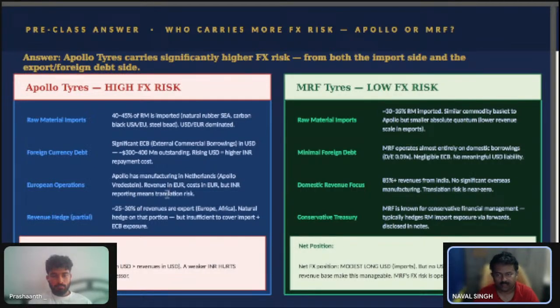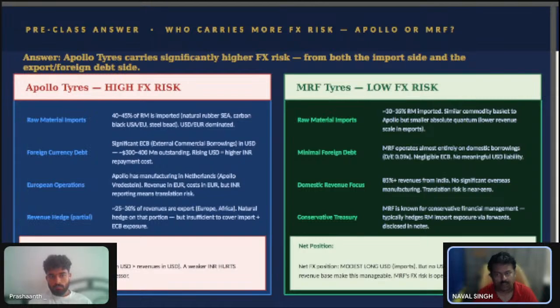Next is a revenue hedge. 30% of the revenue is exports, which is Europe and Africa. So if the dollar becomes strong compared to the rupee and the costs rise, they will be able to pass it on to Europe and Africa, given the economies of Europe and Africa can absorb higher priced tires, or they are still paying in dollars.